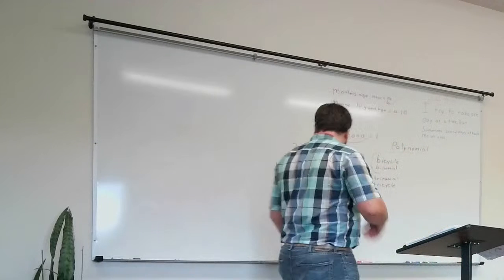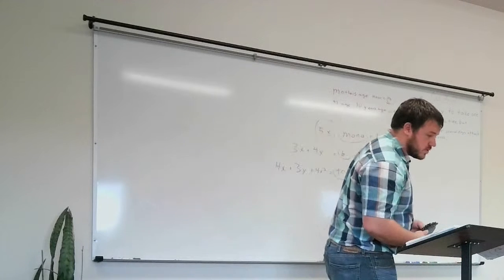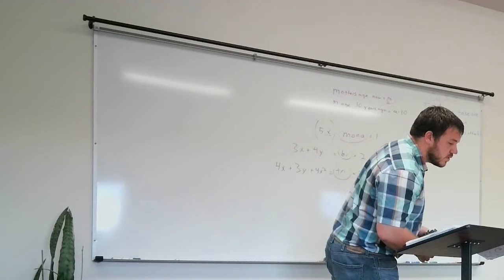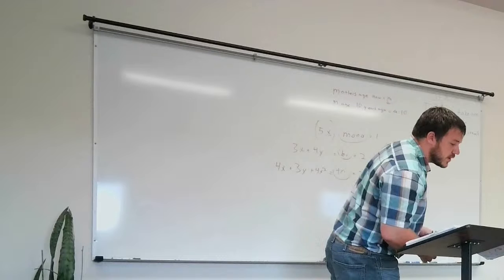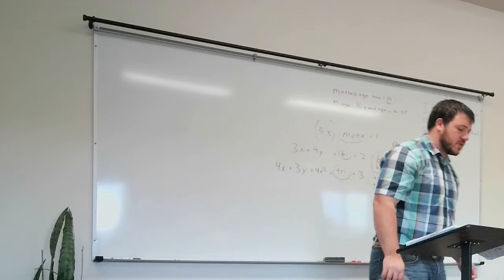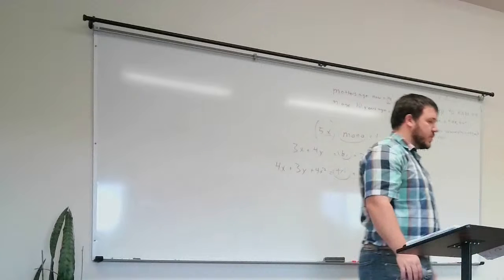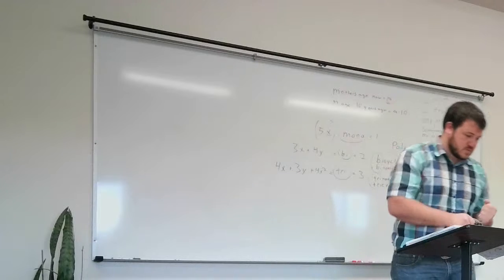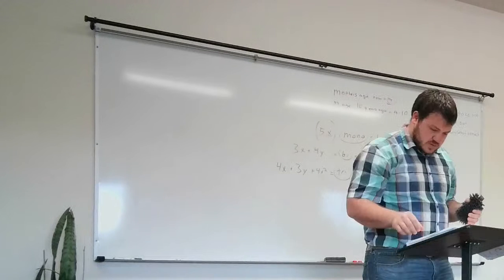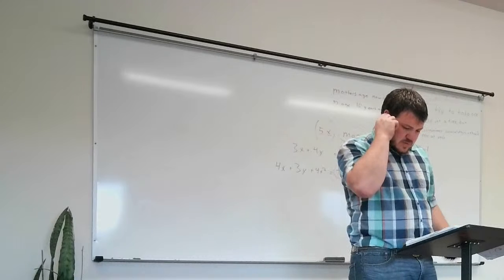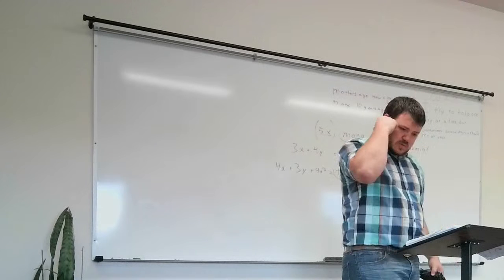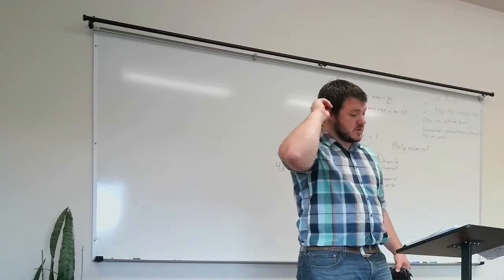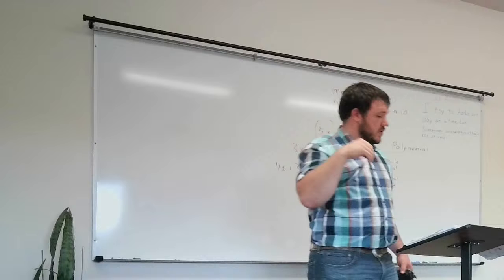So the width is W, and the length is 3W. So you write width equals W and length equals 3W. That's what you're looking for. It just says the length is 3 times as long as it's wide, right?